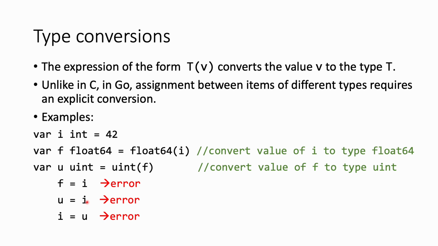You cannot directly assign a value of type uint to a variable of type int either. Mathematically every unsigned integer is an integer, but in Go you cannot assign a value of one type to a variable of another type. So this case will also lead to an error.